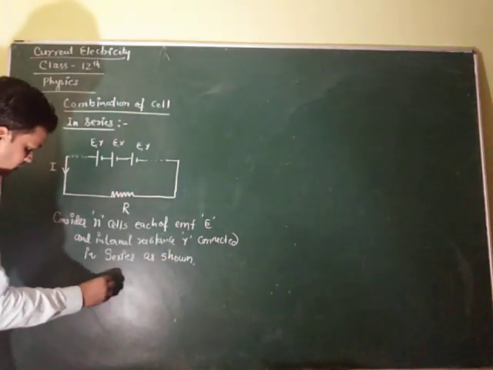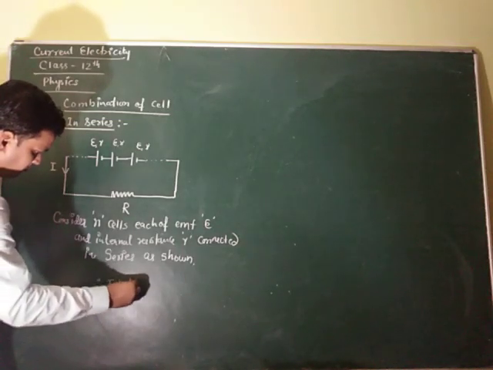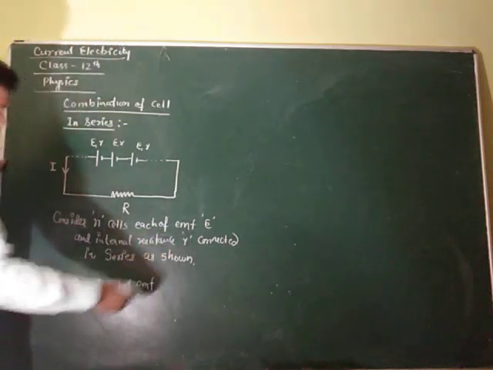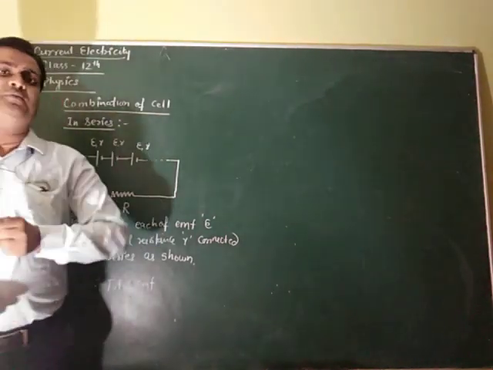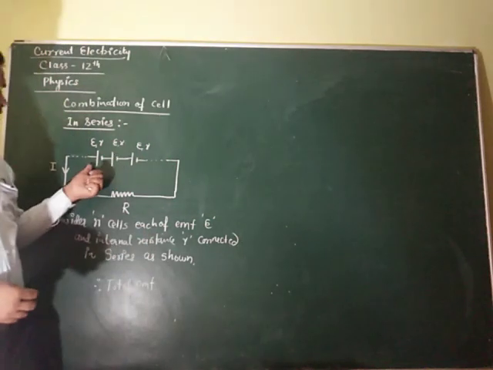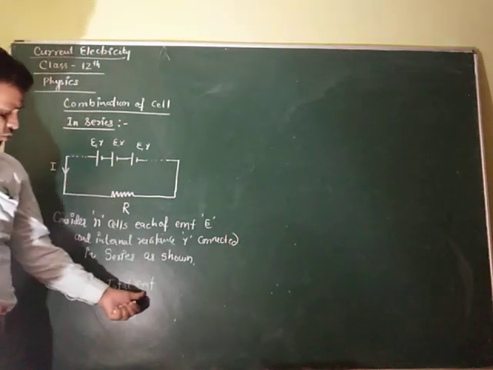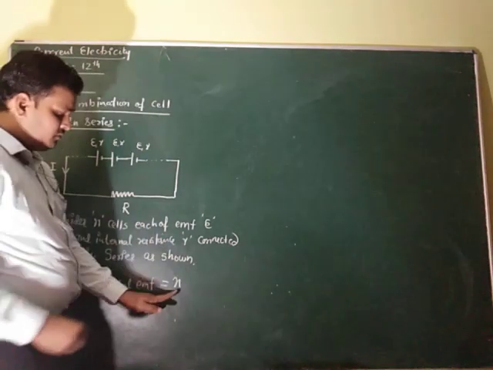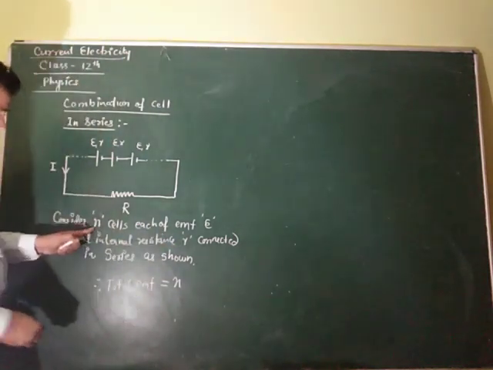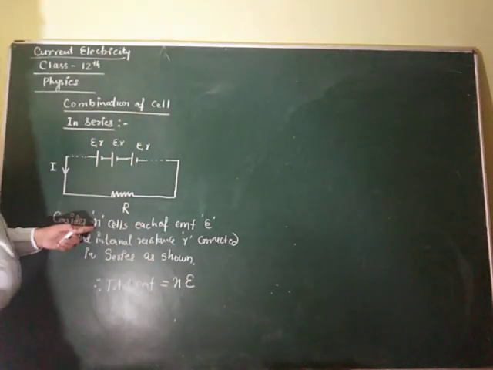Therefore, total EMF. Now what will be the total EMF formula? In the series combination we have studied, the total EMF will be equal to the number of cells, that is n, multiplied by the EMF of one cell.